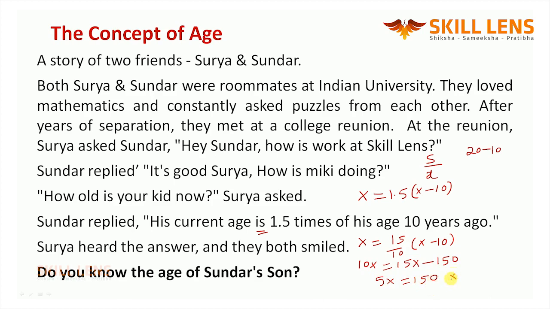So from this, X is equal to 150 divided by 5. Then I can say X is equal to 5 how many times? 3 times. So Mickey's age in this particular question is what? 30 years.